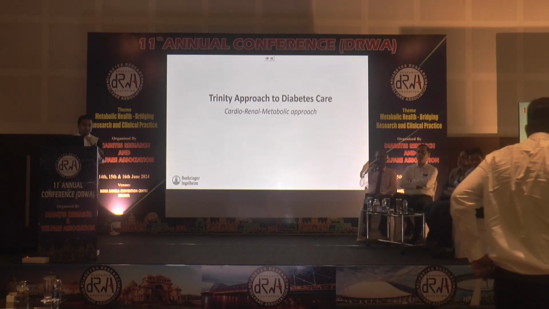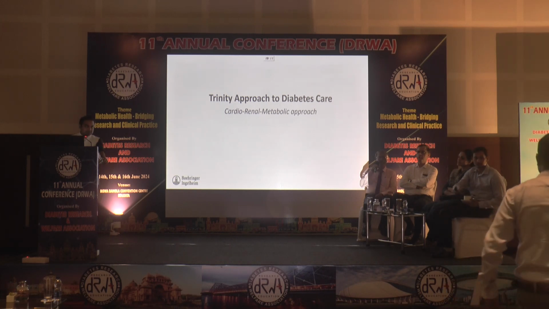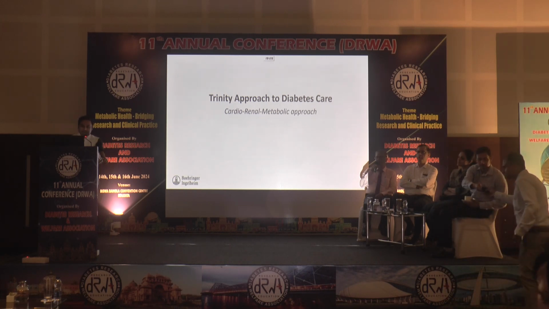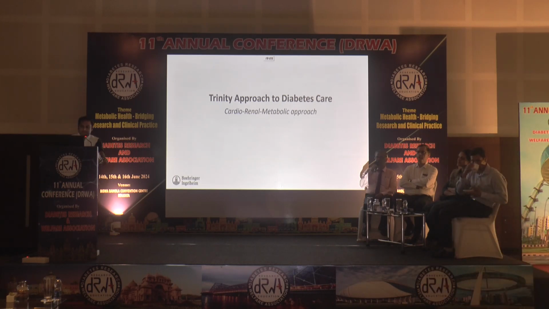So to manage this cardio-renal metabolic syndrome, we have to find drugs which can simultaneously address all these metabolic and phenotypic complications of type 2 diabetes mellitus, so that we can have a better outcome for patients.